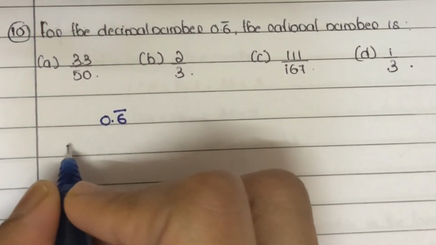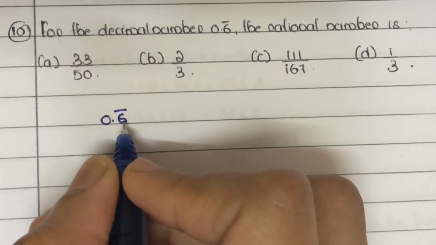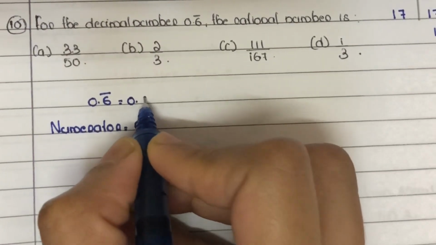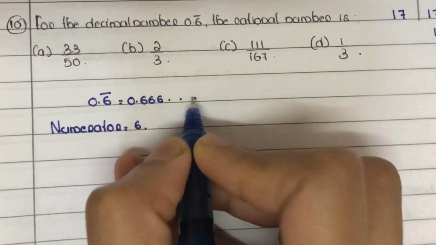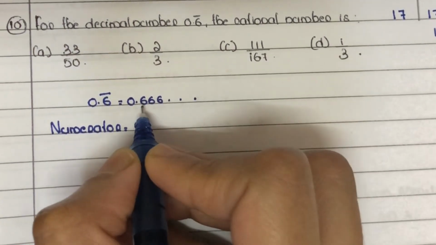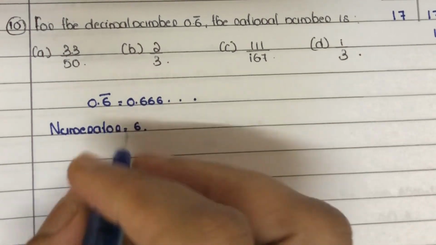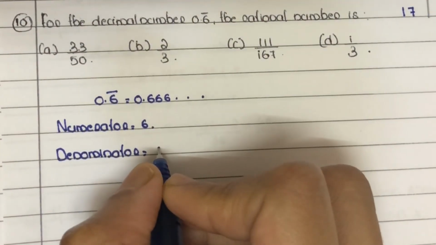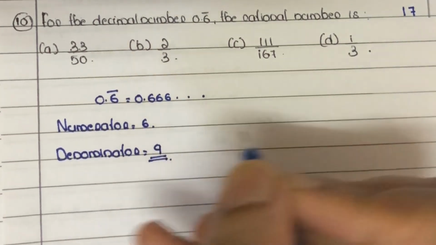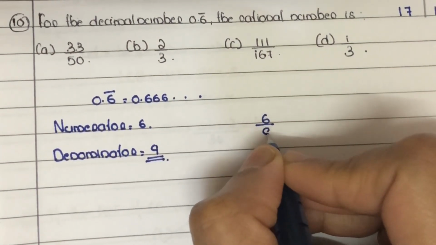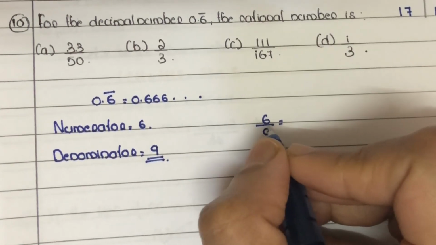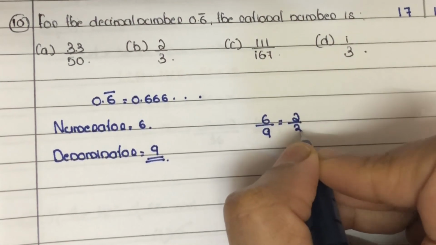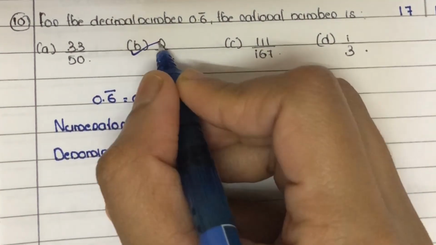So write numerator equal to 6. 0.6 bar means 0.666 like that, isn't it? So how many repeating digits are there? Only 1, so denominator equal to 9. Okay, answer is 6 by 9. Next, convert into its lowest form. 6 by 9, 3 is divisible, right? So 2 by 3. So option B, 2 by 3.